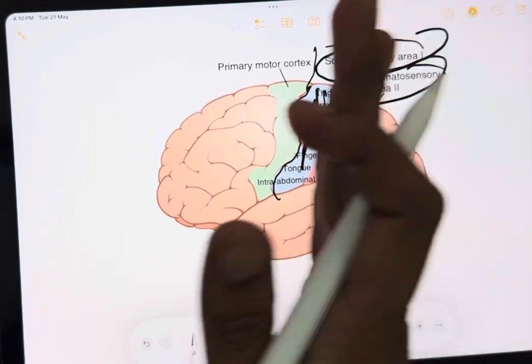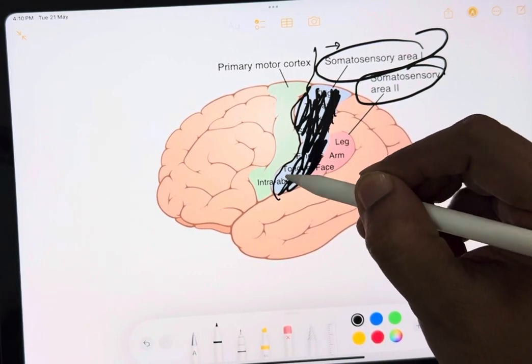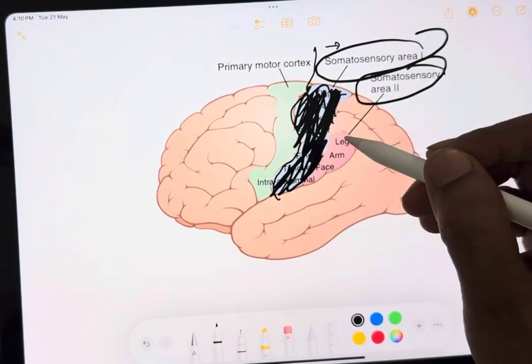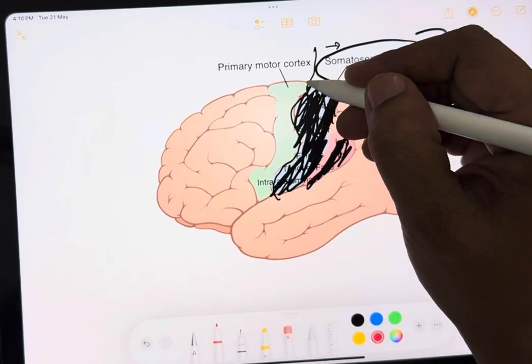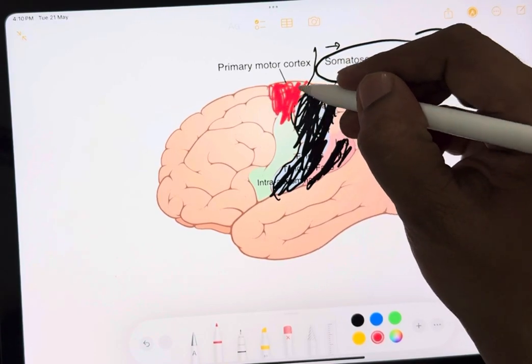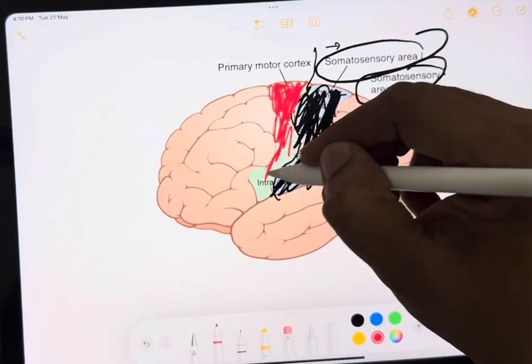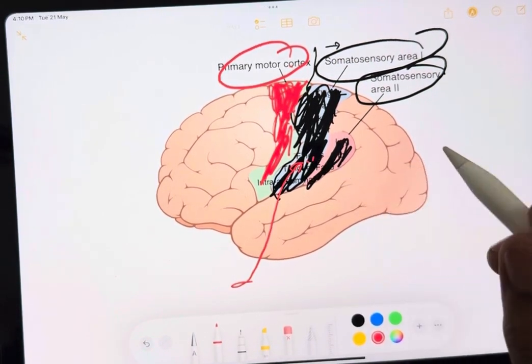Posterior to the central gyrus, on the back side, there is the sensory cortex, which I am highlighting. If you remember, we discussed the descending tracts that arise from the motor cortex, that is the primary motor area, supplementary motor area and the premotor area, which I am highlighting in red. The sensations ultimately go to this part of the brain.